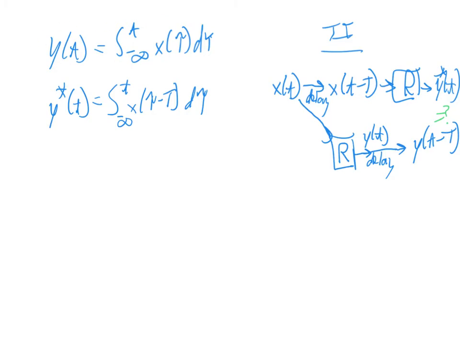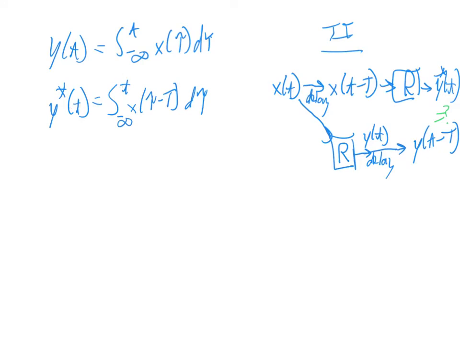It says you take whatever the input is. In this case, the input is x of tau minus delay capital T, and you integrate it from the beginning of time up until the time at which the function is being evaluated.